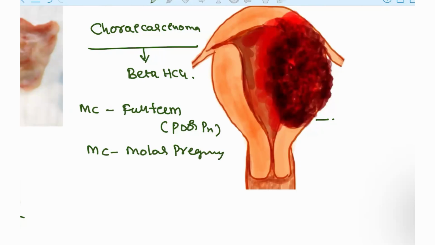If the examiner asks what is most commonly following molar pregnancy, you have to choose choriocarcinoma. Same question with full term, again choose choriocarcinoma. But if they give choriocarcinoma and ask what it is most associated with, then you have to choose molar pregnancy. And whichever is associated with molar pregnancy will have a good prognosis.